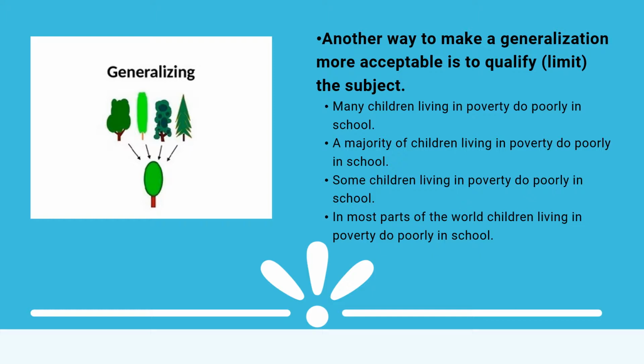For example, many children living in poverty do poorly in school, or a majority of children living in poverty do poorly in school, or some children living in poverty do poorly in school. Finally, you could say, in most parts of the world, children living in poverty do poorly in school.